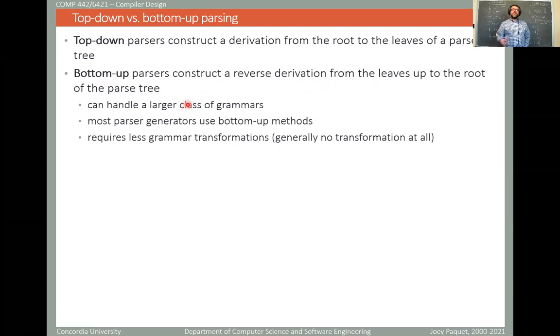The difference in terms of the power of the method, the percentage of grammars that it's able to handle: a bottom-up parser can handle a much larger class of grammars. As we saw very clearly and somehow painfully in the project, if you want to implement top-down, predictive parsing, you have to have an LL1 grammar.